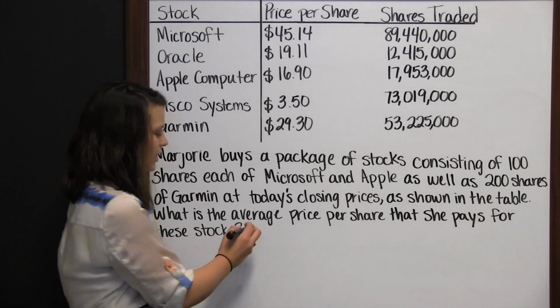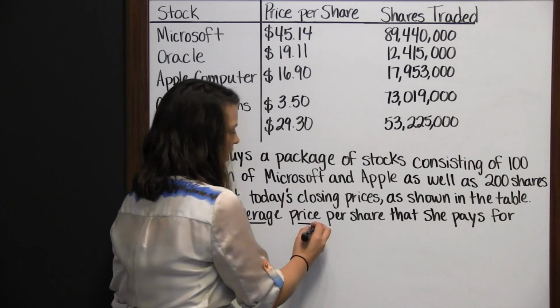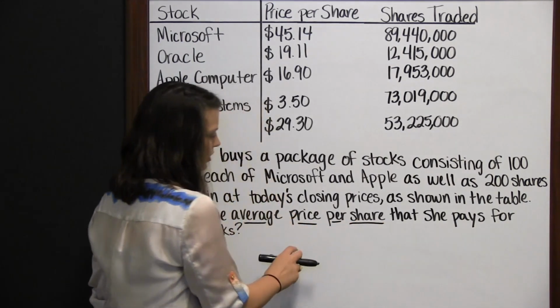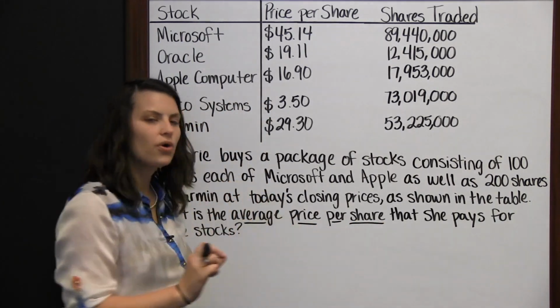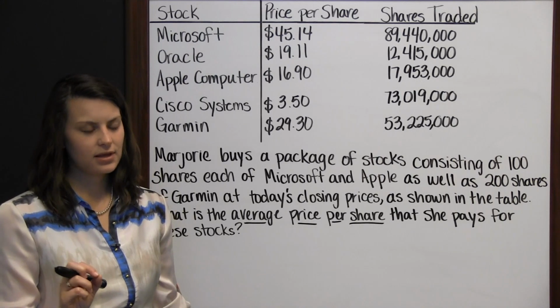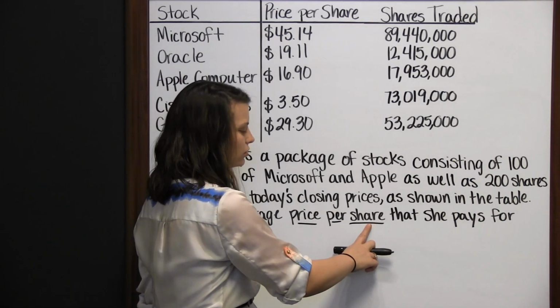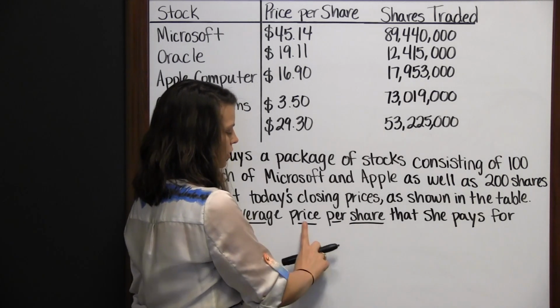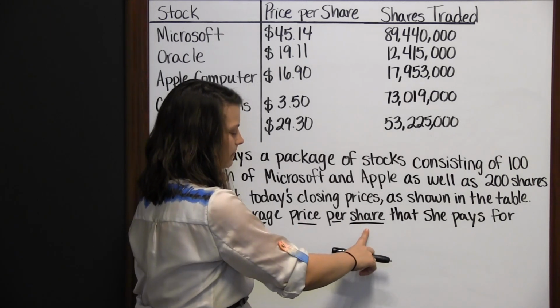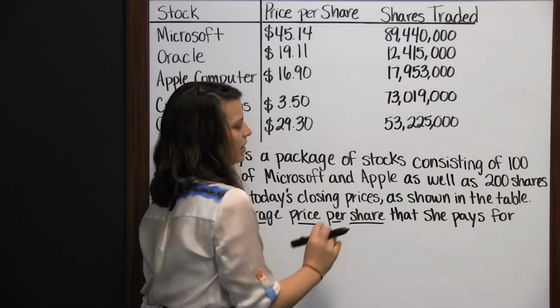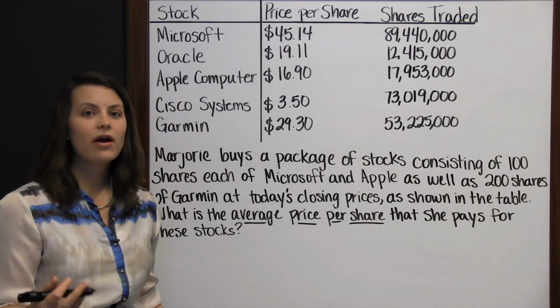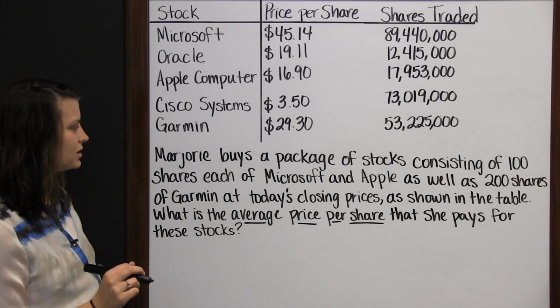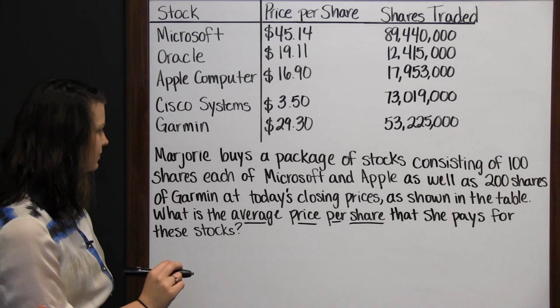To find this average price per share, first I need to find the total price. Then I have to find the total shares and divide, because this is a ratio, price per share. Price divided by shares.